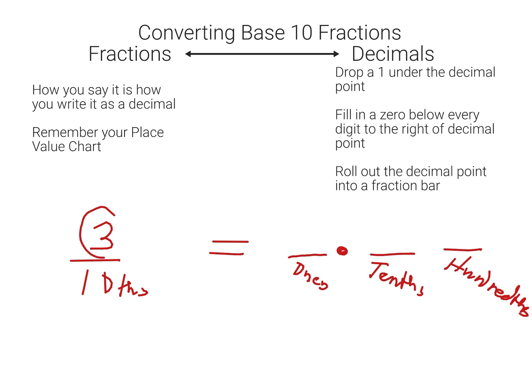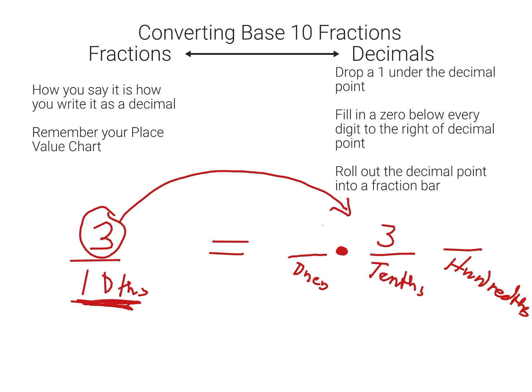So the digit 3 will be placed in the tenths place value. Okay? Now, if there's any spaces to the left of the decimal point, they can be filled in with zeros, or they can be left blank. Okay.